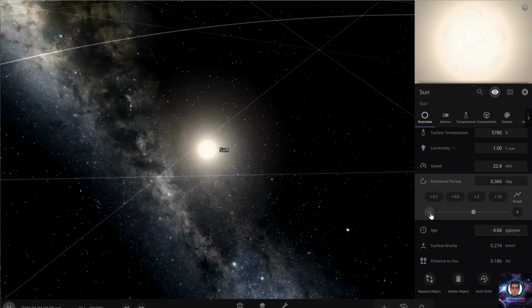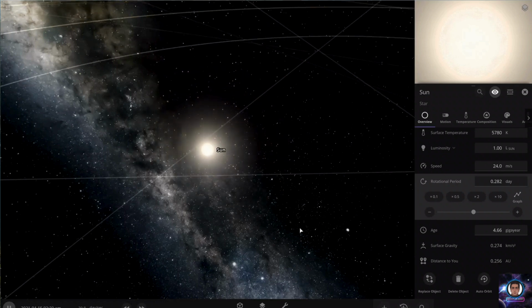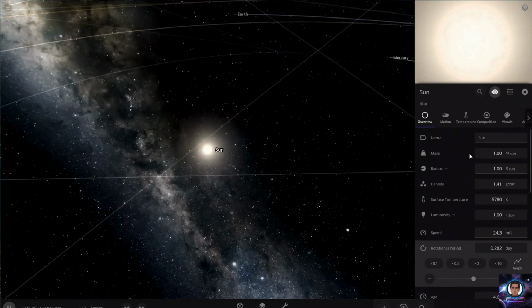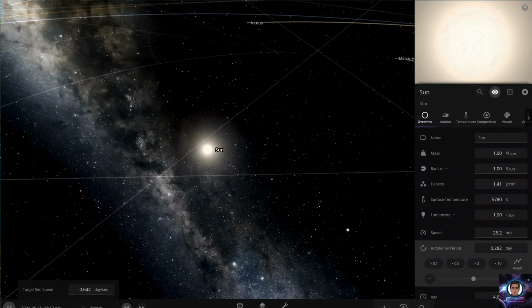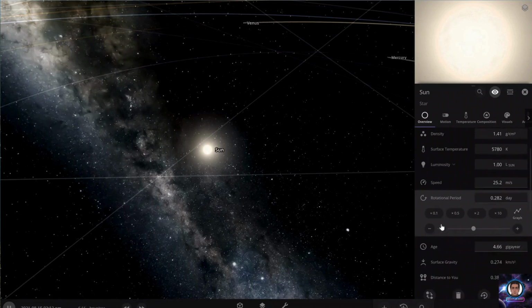So we are decreasing it. I want to see how much more it can tolerate and what is the situation now. Still we have the full mass for the sun, and let me slow down the simulation.